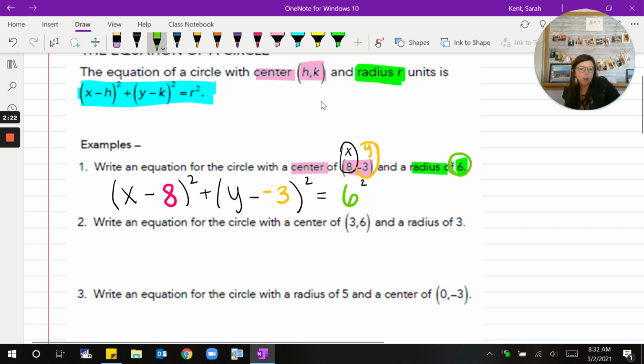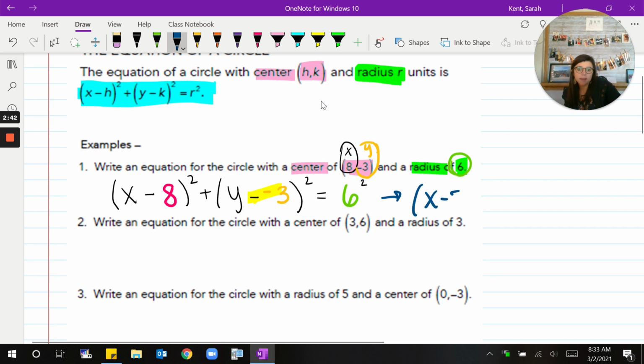So there's a couple things we'll change to get our final answer. Number one is if you have minus a negative, we're going to change that to where it will end up being plus.